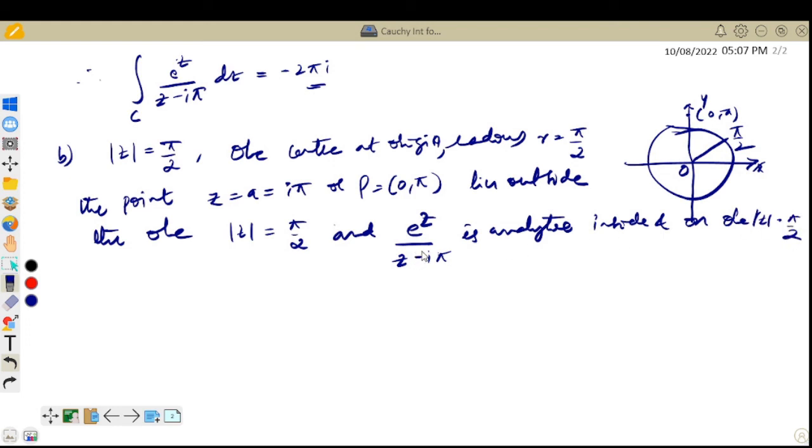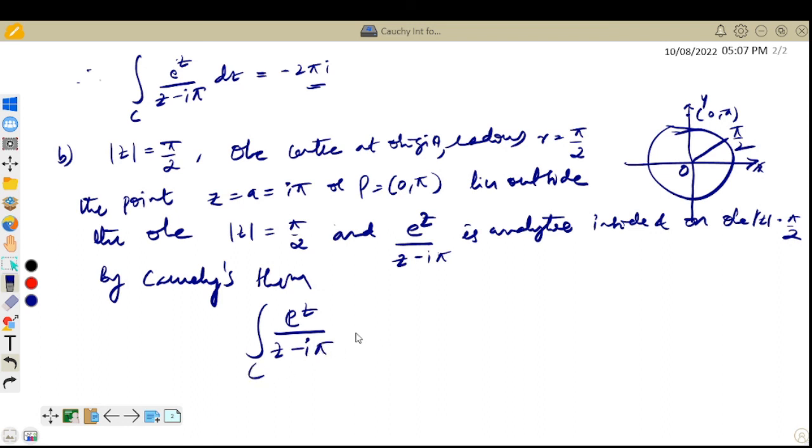Then by Cauchy's theorem, integration of e raised to z divided by z minus i pi over the curve C, dz, is equal to 0. Directly you can write, if the point lies outside this circle, then integration of f(z) divided by z minus a dz is equal to 0. That's it.